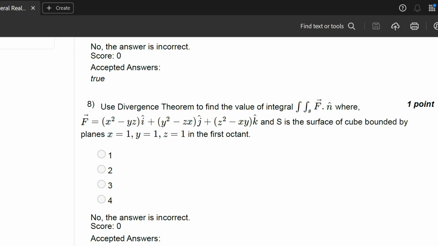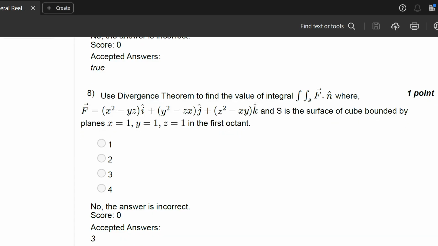So it states that the surface integral of f dot dS is equal to the volume integral of... Grad dot f.